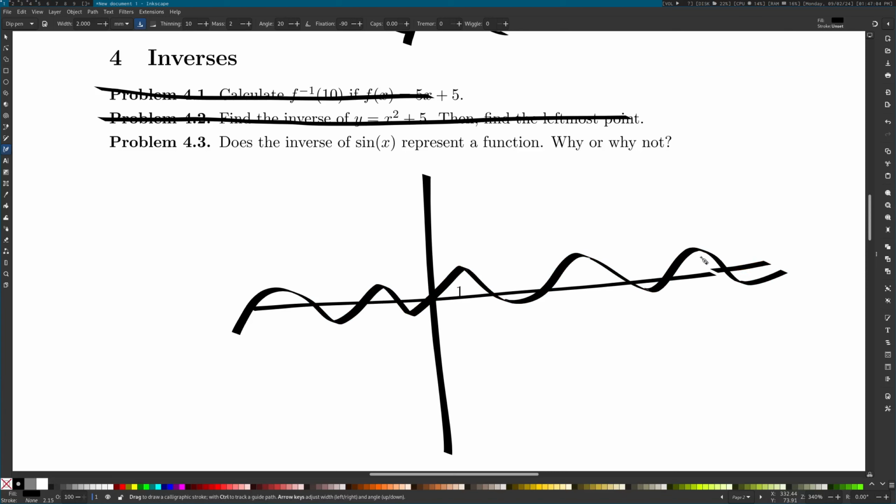Oh, okay. Yeah, that fails the vertical line test everywhere. So this is what the inverse of sine of x would look like if you want it to be graphical. Does this fail the vertical line test? In every possible point, yeah. So it is not a function.